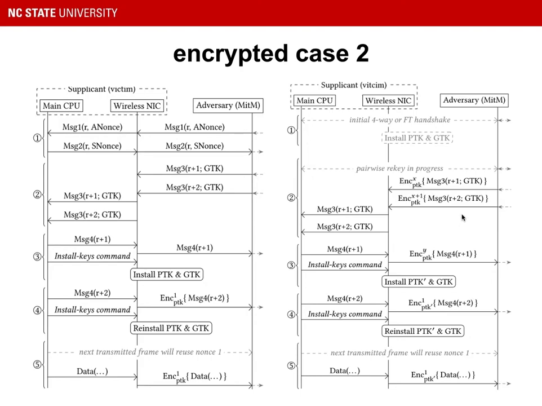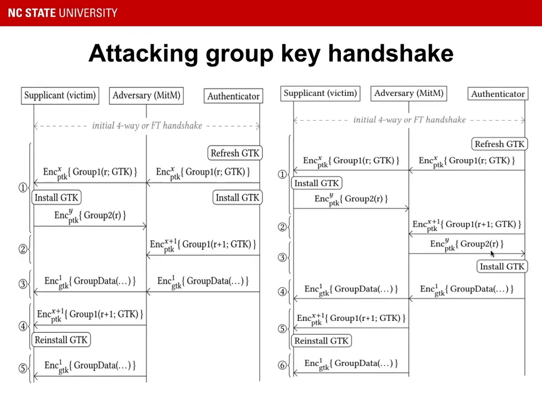That means the attack schedule of the attacker will be greatly dependent on the pairwise rekey schedule, which happens about every hour in most APs. So just like the PTK, there's a need to refresh the GTK, the group key.